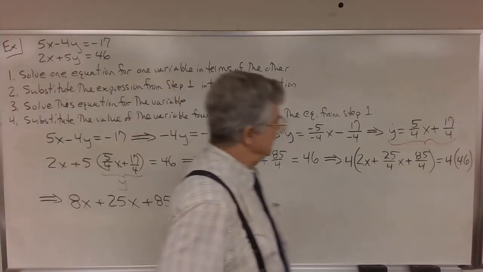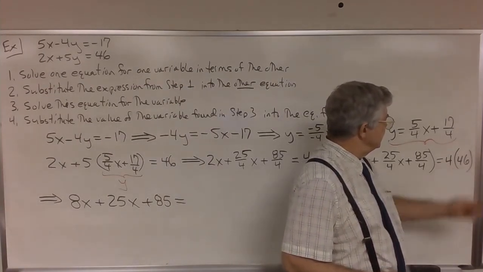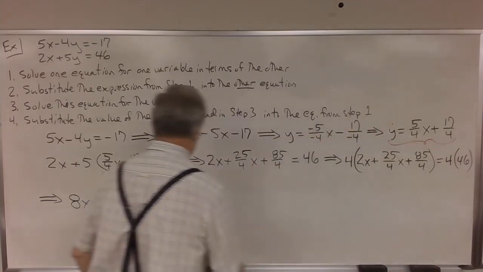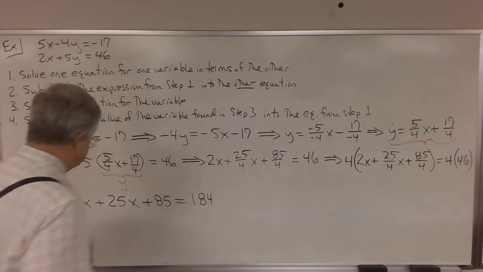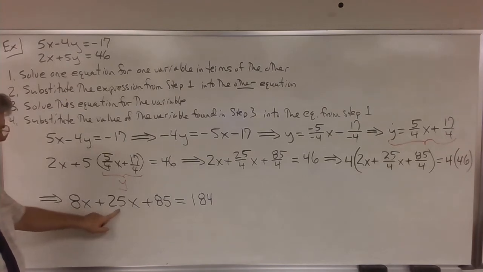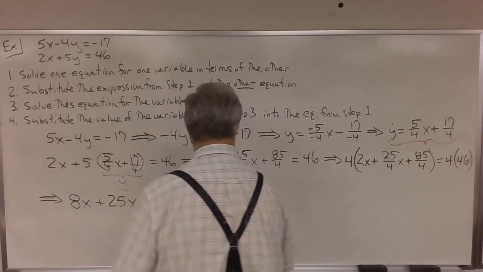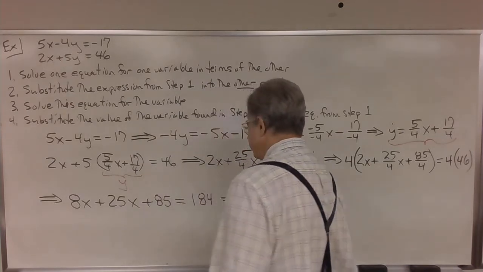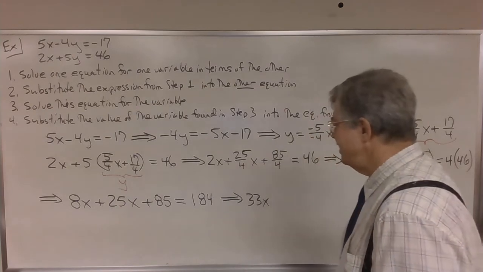And let's see, 4 times 46 is 160 plus 24, 184, I hope. And I'll combine these two things, I'll get 33x. I'll move this to the other side.